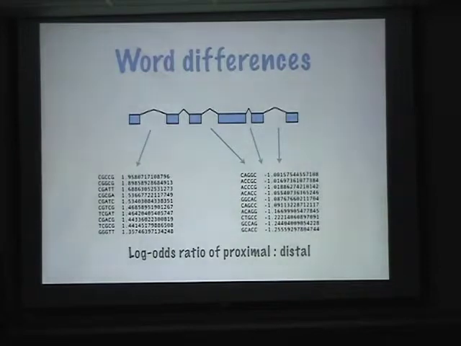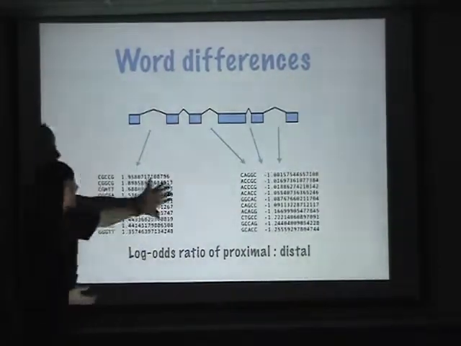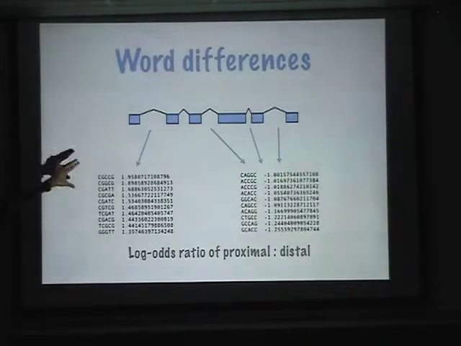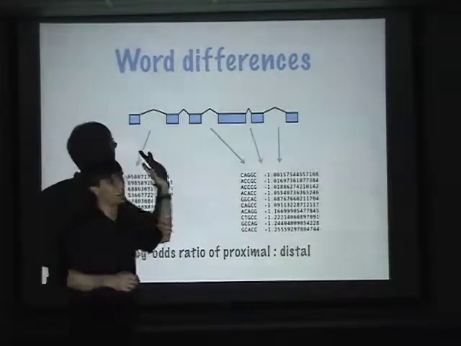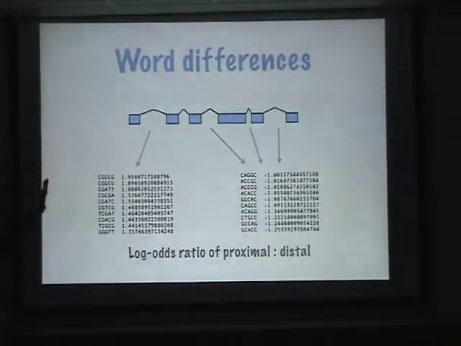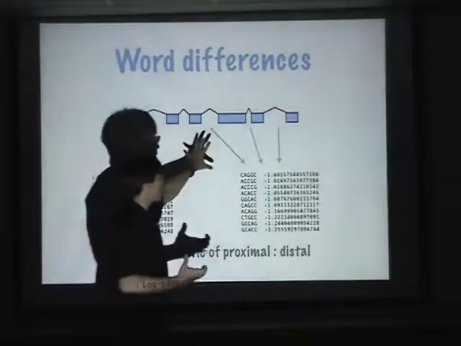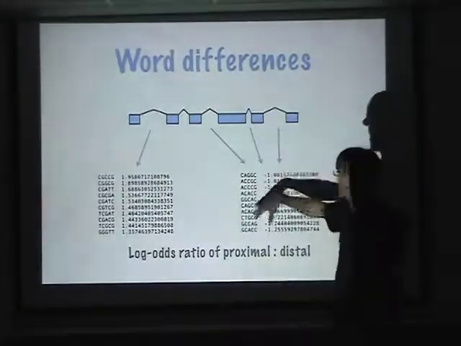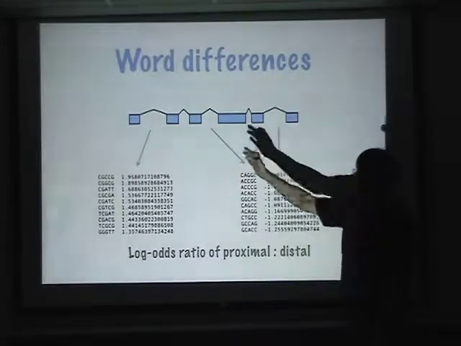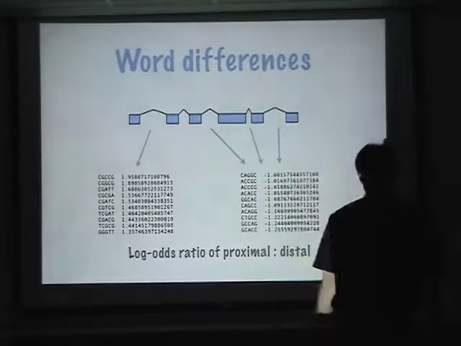It's 2 to the 1.9, so it's more like 4, and this is more like 2 times. What this means is that there's some words that are spoken more frequently in here and other words that are spoken more frequently down there. They're speaking different things. Not every intron is the same as every other intron. There are actually different dialects being spoken here. But if you were to compare all of these ones to each other, they're all pretty much the same. It's just the first one that appears to be really different.